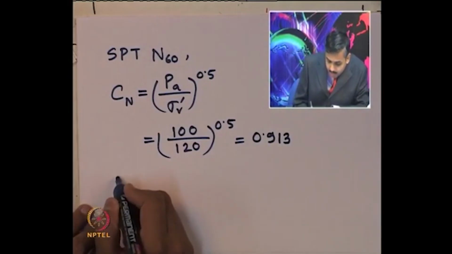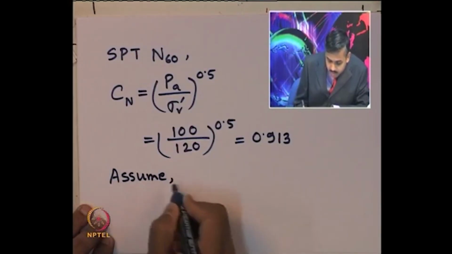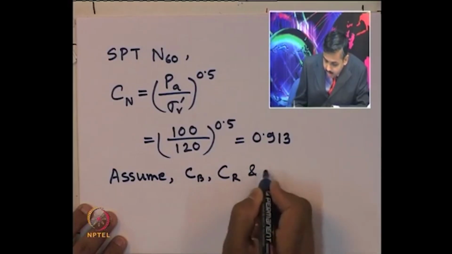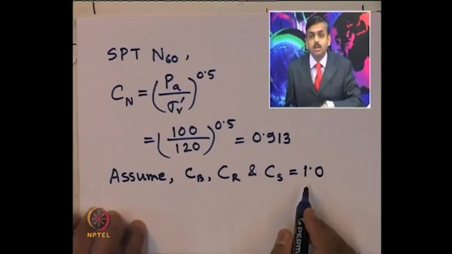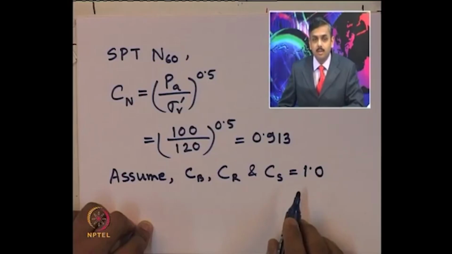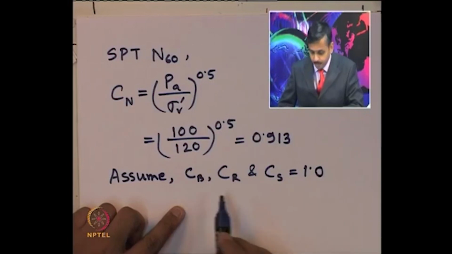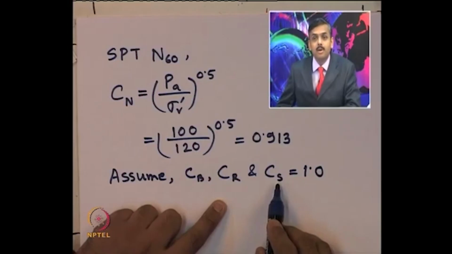Now, for other correction factors, let us assume that CB, CR and CS all are equal to 1, that is no correction is required, because no other information is provided in this question number 4 about the borehole diameter used for this SPT, the rod length and the sampler tube liner material.